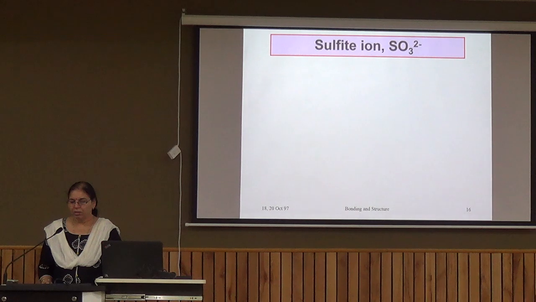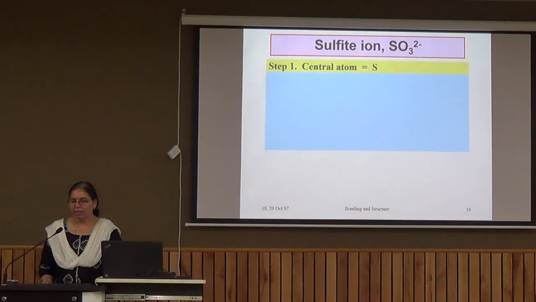Now sulfite ion. Sulfite ion, sulfur, and it has 3 oxygen. Now count the valence electrons. Sulfur has 6 electrons, oxygen has 6 electrons.